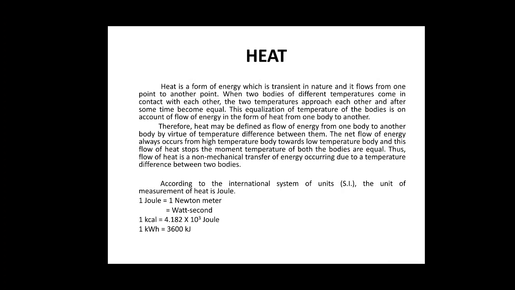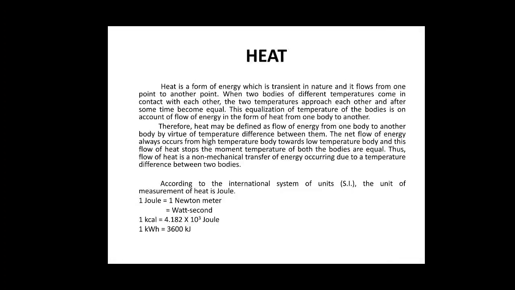This equalization of temperature of the bodies is on account of the flow of energy in the form of heat from one body to another. So in thermodynamics we learned that when two bodies come in contact, the temperatures try to become equal, that means they try to be in thermal equilibrium with each other.